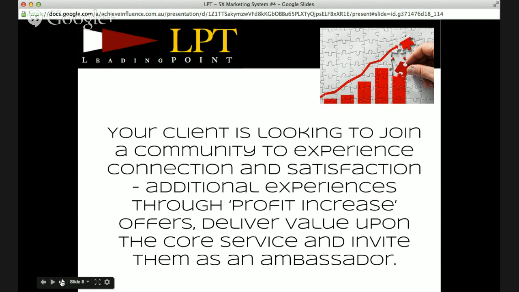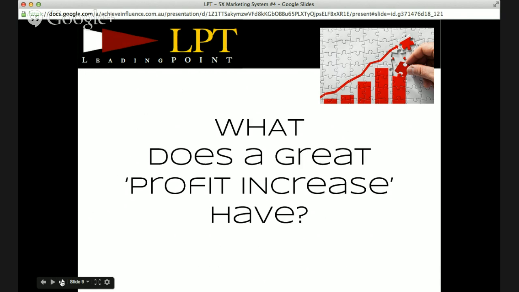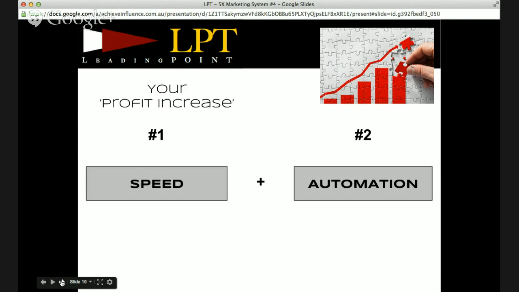So I want you to see just why this aspect of the marketing system is so important for you to incorporate. So let's move on. What does a great profit increase actually have? Well, we've seen there are 8 types. Your profit increase is made up of 2 simple things: speed and automation. That's it.